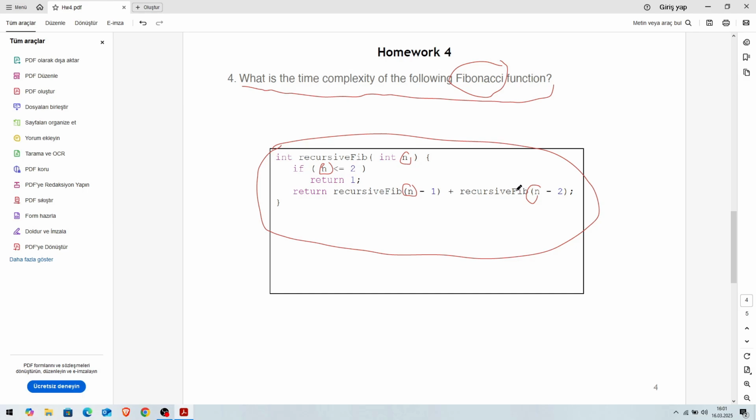More precisely, it can be shown that the runtime is on the order of phi to the power n, where phi is approximately 1.618, the golden ratio. In Big O notation, we often simplify to O(2 to the power of n), and that was the fourth question.